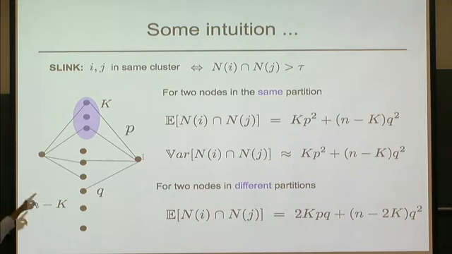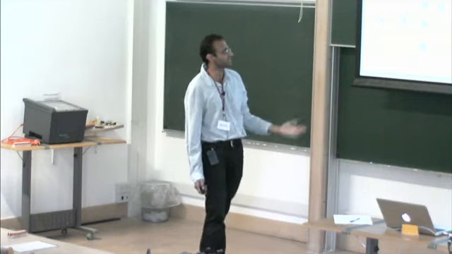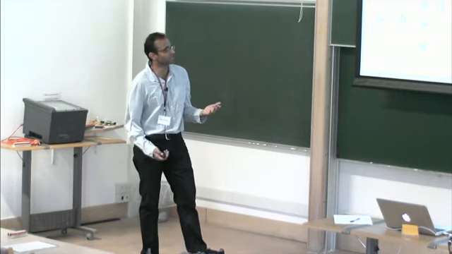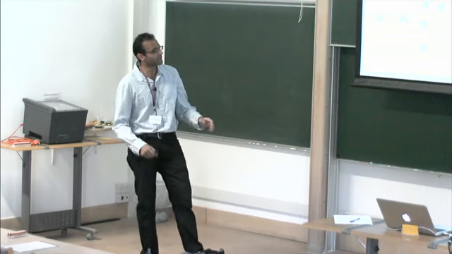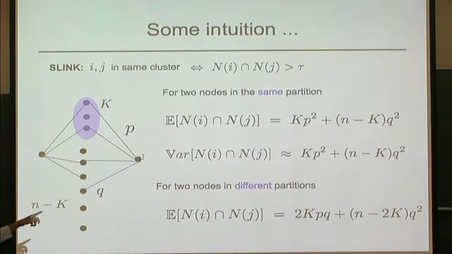So the number there is k times p square, and for the remaining nodes it's n minus k times q square. So this is the average size of the intersection of neighborhoods if I and j are in the same partition. This is a sum of Bernoulli random variables, and so the variance is basically the same. I've said approximate because we are in the small p and small q regime.